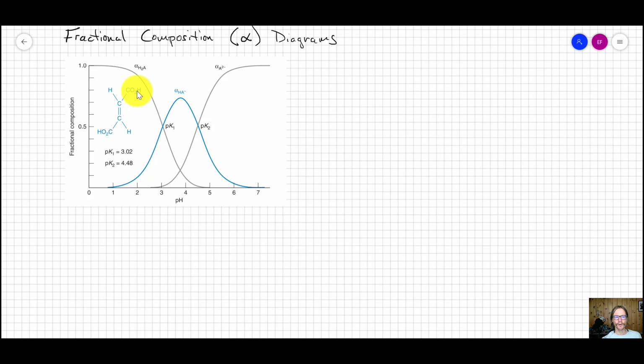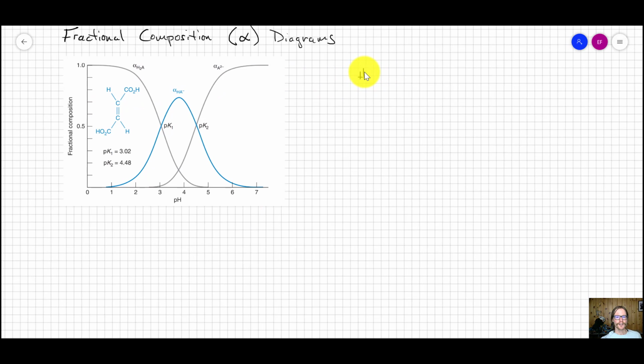And so what we know is for something like H2A, that can dissociate to HA minus plus a proton, which can then further dissociate to, well, just say proton plus A2 minus. And we know now really well that the first equilibrium is dictated by that first equilibrium constant, pKa1, and the second dictated by pKa2.